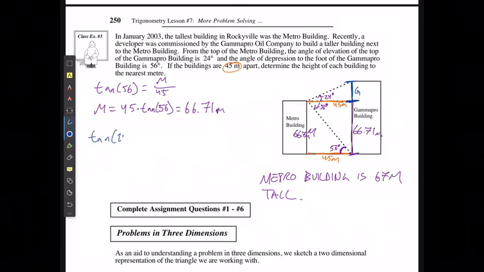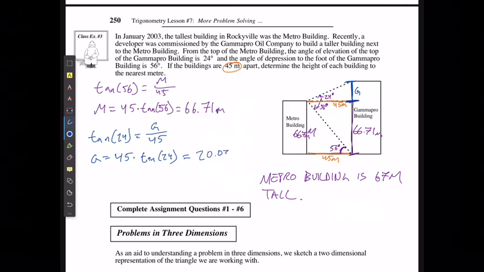Tan of 24 is equal to g divided by 45, which means that g is going to equal 45 times tan of 24. And 45 times tan of 24 is going to give me 20.03 meters.